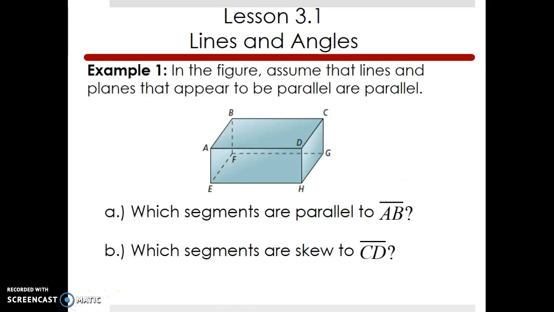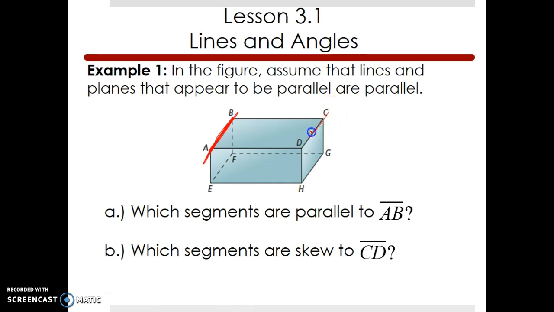So we're going to try our first example. In the figure, assume that lines and planes that appear to be parallel are parallel. The first one asks which segments are parallel to AB. So you see AB here. We're trying to find lines that go in the same direction but do not intersect.